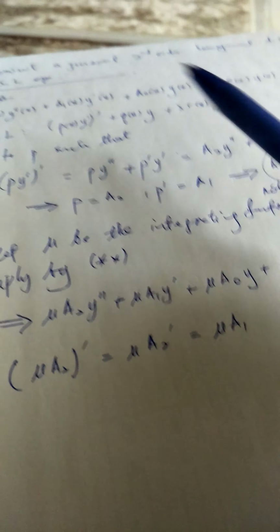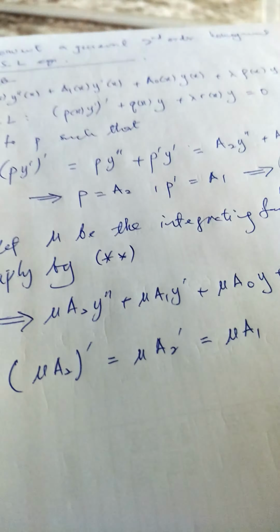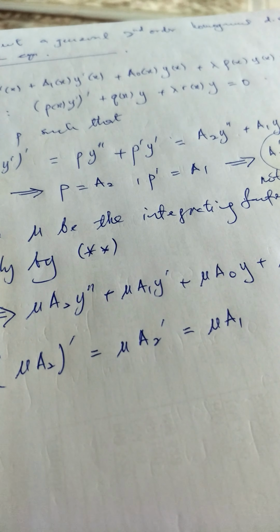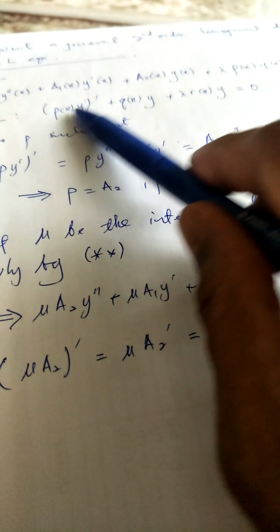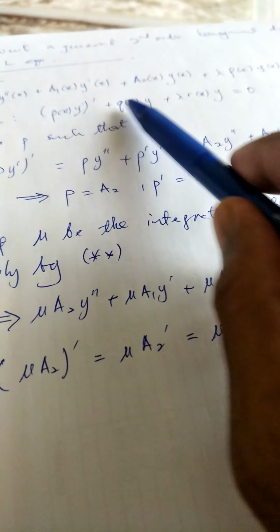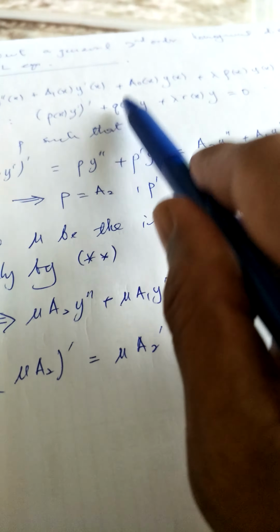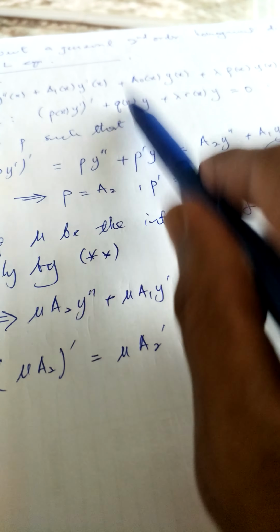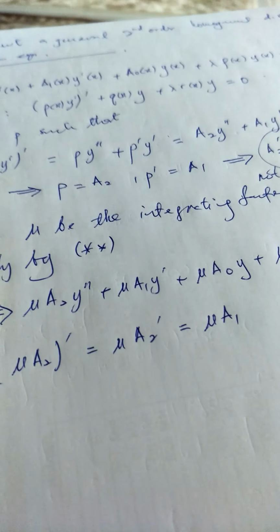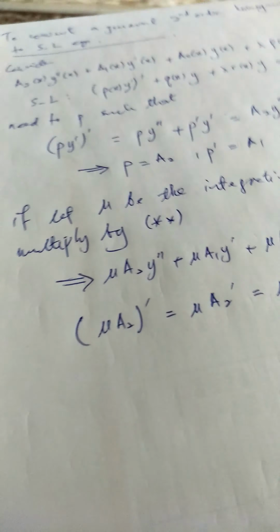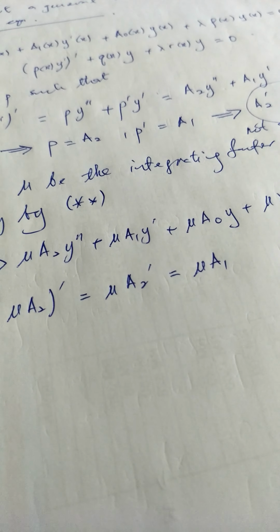Why do we do this? Because we want to write it in that form. So you can see that part, this Q, we can obtain from that.